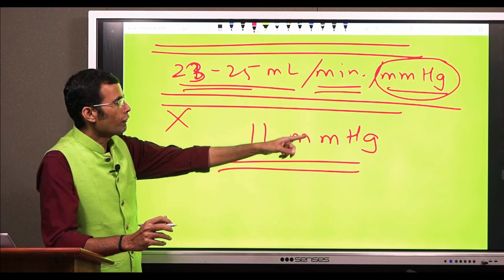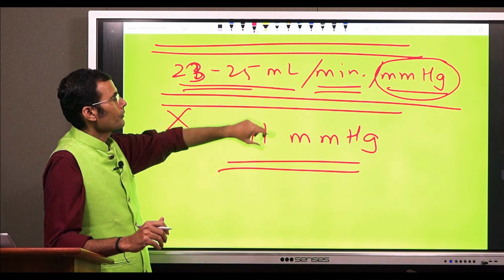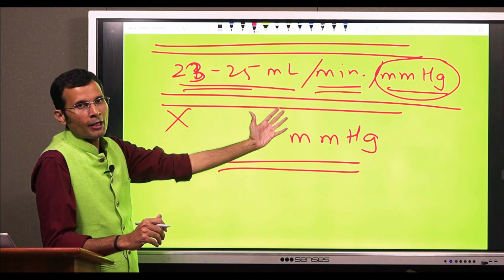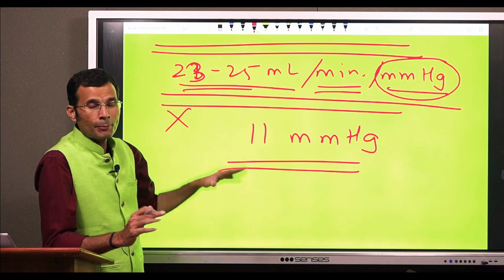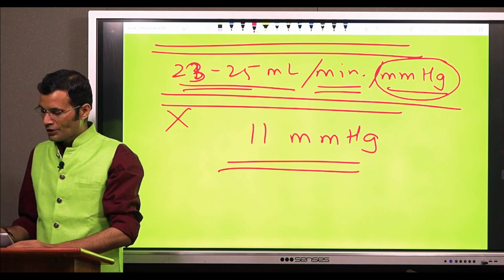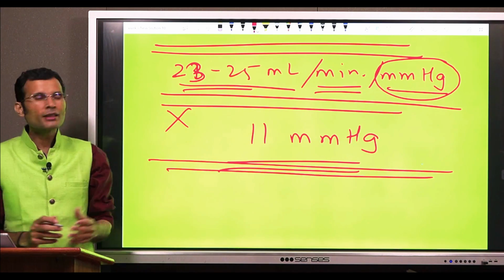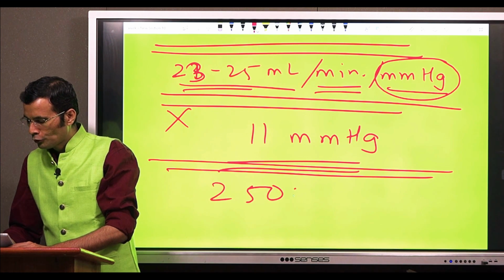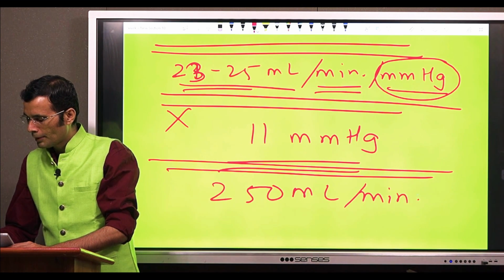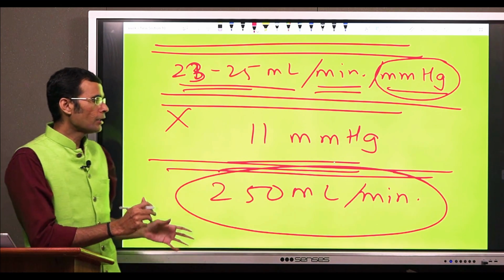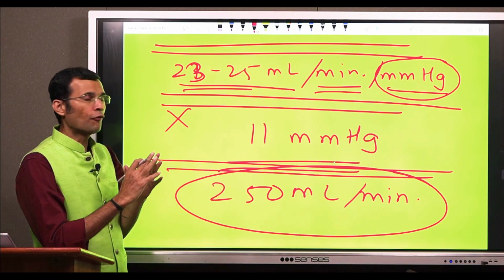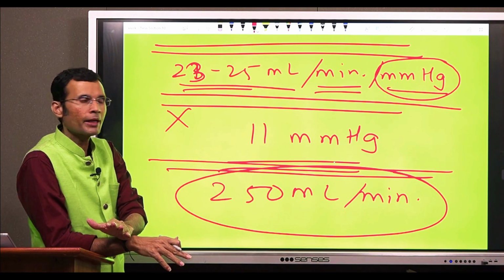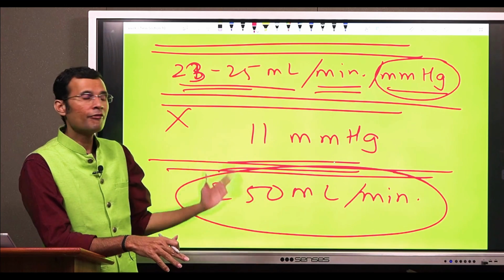So you know, for every 1 mm of Hg, in 1 minute, about 23 to 25 ml gas will diffuse. If the pressure gradient is 11 mm of Hg, how much gas will diffuse? 230 to 250 ml, roughly, let's say, 250 ml per minute. So remember, about 250 ml of oxygen diffuses across this respiratory membrane every minute.